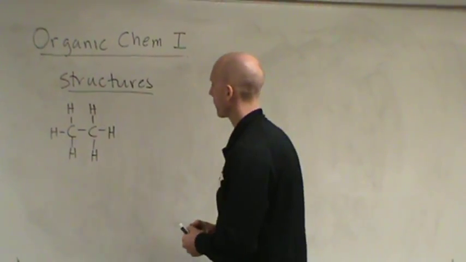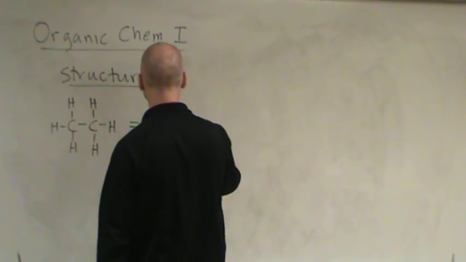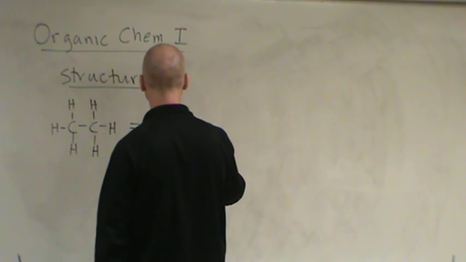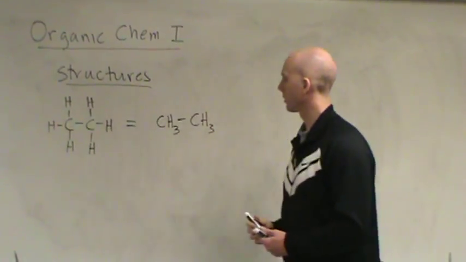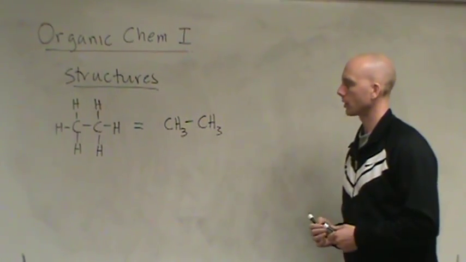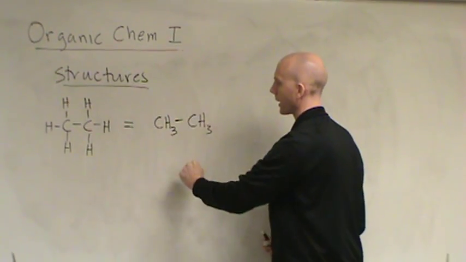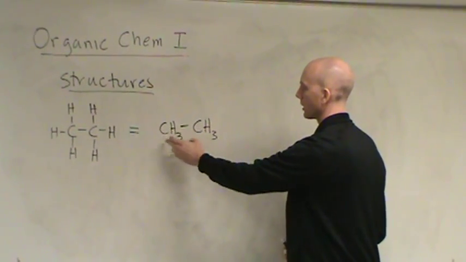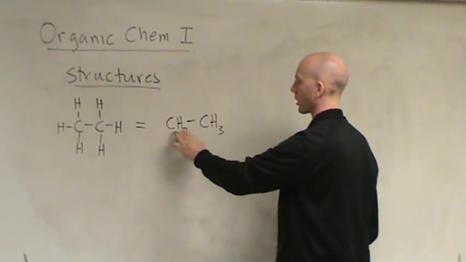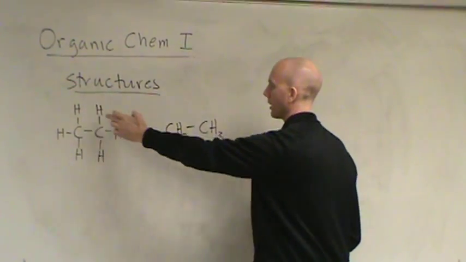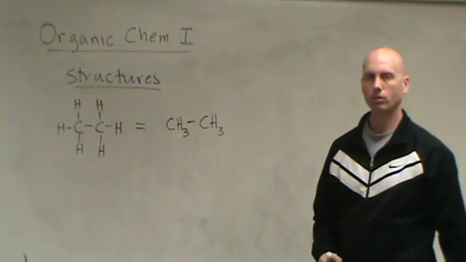Well, we could end up condensing this a little bit by doing this here. This is what we typically do. We typically condense the carbon-hydrogen bonds and shrink wrap them. So there's 3 hydrogens on that carbon, so CH3, and 3 hydrogens on this carbon, so that's a CH3.